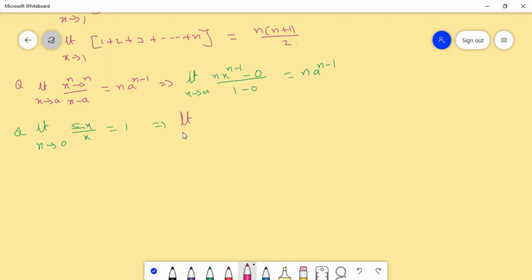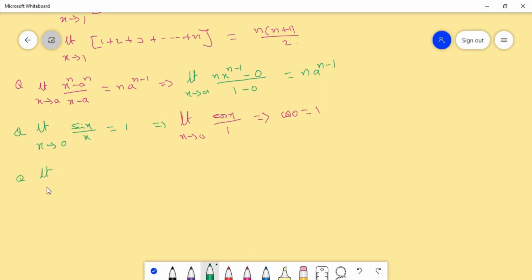Limit x tends to 0, sin x derivative is cos x, x derivative is 1. So, in the place of x apply 0. Then cos 0 is 1. Right? Next one.